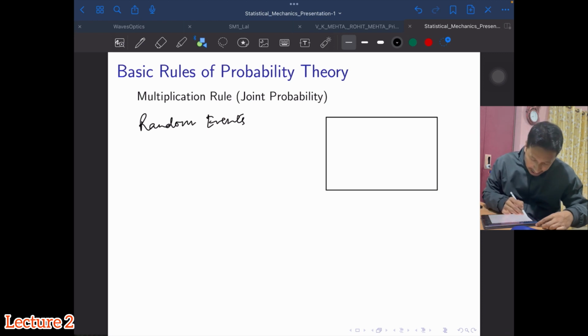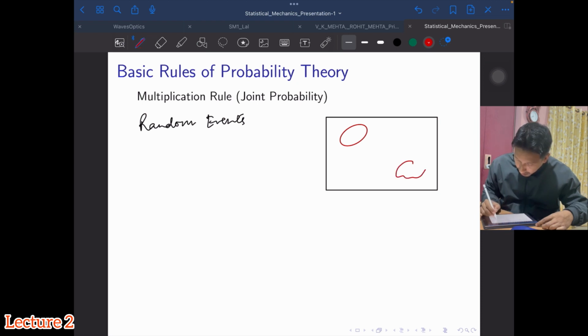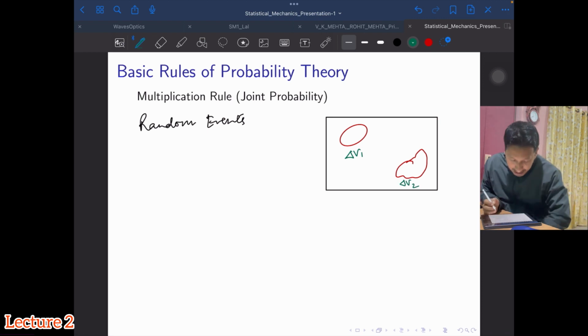Now again, earlier we considered two regions, region A, or so to say delta V1 and delta V2. In the earlier case we had talked about only one particle.